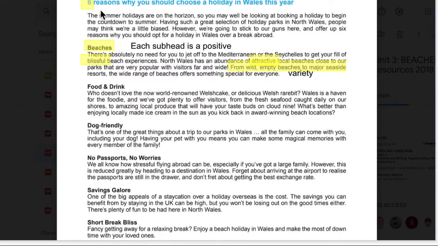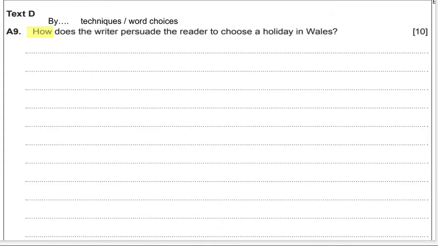So moving on, and we've already got 1, 2, 3, 4, 5 things. Moving on, so food and drink. Who doesn't love the now world-renowned Welsh cake or delicious Welsh rarebit? Yeah, we could talk about the rhetorical question here, but again, we've got to consider the question. How does the writer persuade the reader to choose a holiday in Wales?